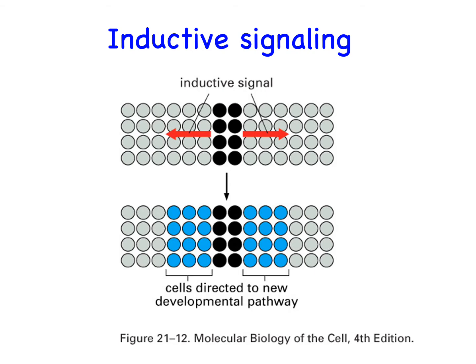So if you increase the signal, and that is the signal molecules that are secreted from the signaling cells, you're going to spread that signal out over more cells and affect more cells. If you decrease the signal, you'll have the opposite effect.